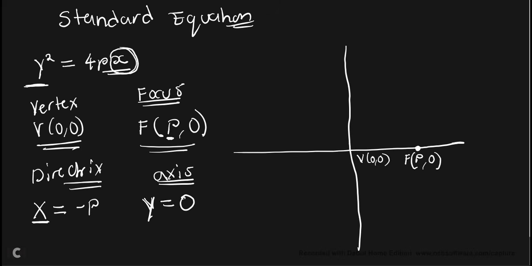Which side of the x-axis is negative? This side is negative, and this side is positive. So we have to cut the x-axis, because it's saying x equal to negative p. So let's cut the x-axis in that part.